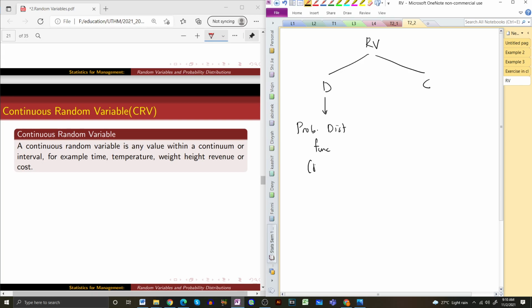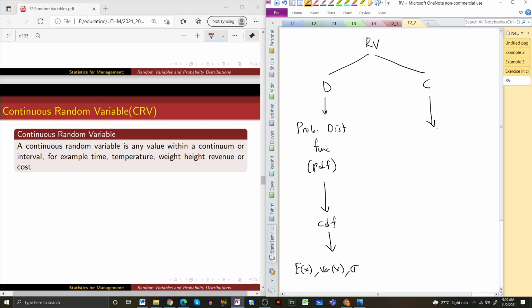We call this PDF, and then we went for CDF, the cumulative distribution function, and then all the way to expected value, variance, and standard deviation.